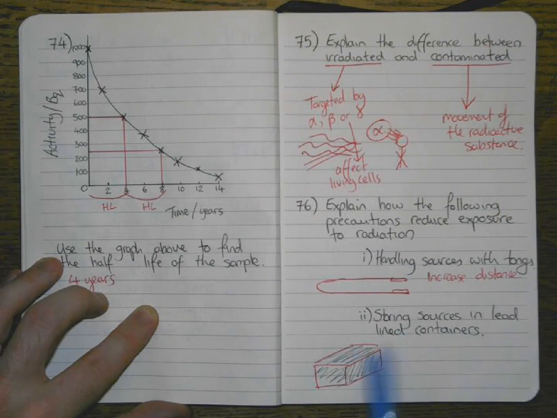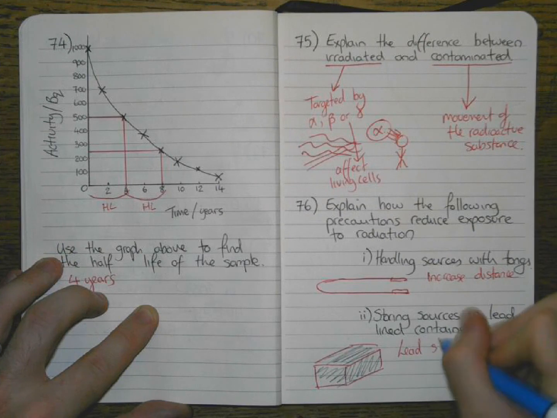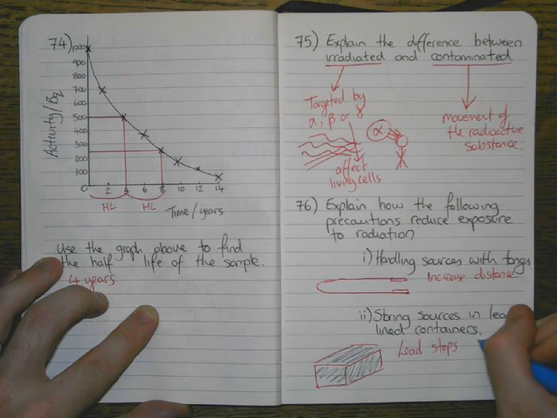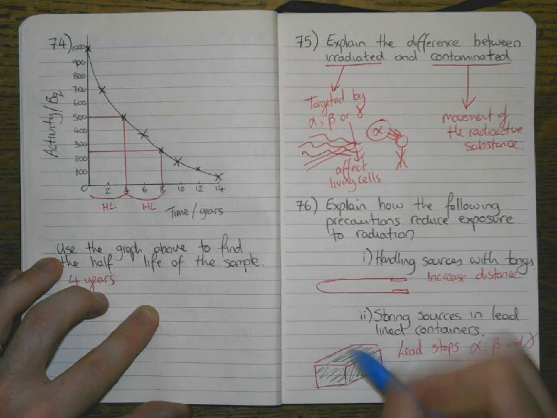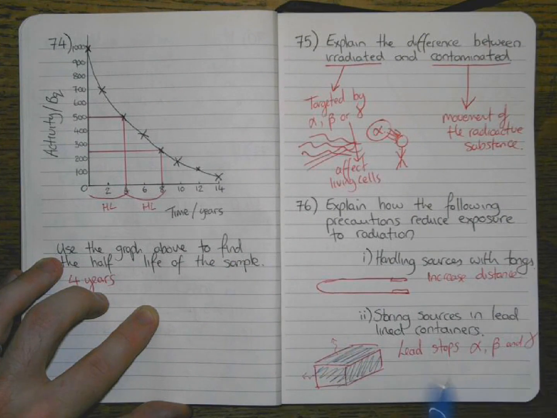Why do we store them in lead-lined containers? Lead stops alpha, beta and gamma radiation. Now, if it was gamma in there and it was only thin lead, then we might get some gamma coming out. But in general, you wouldn't store a gamma source in a little box like that anyway.